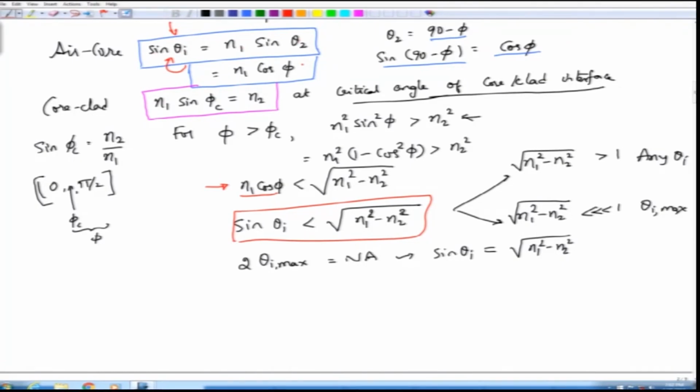What will happen to n2? It should basically start to increase, which means that phi starts to decrease, and eventually if theta I reaches its theta I max, theta 2 would have increased in such a way that phi would have decreased below the critical angle, and that particular ray would not be transmitted.